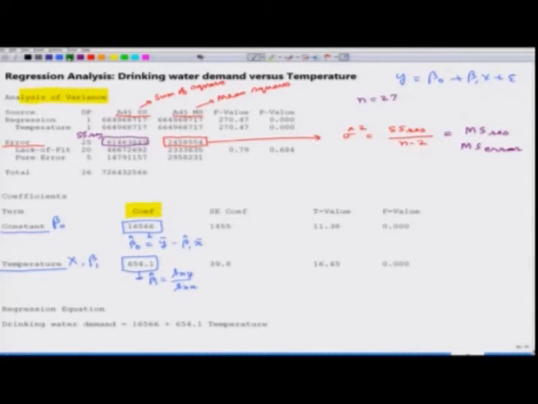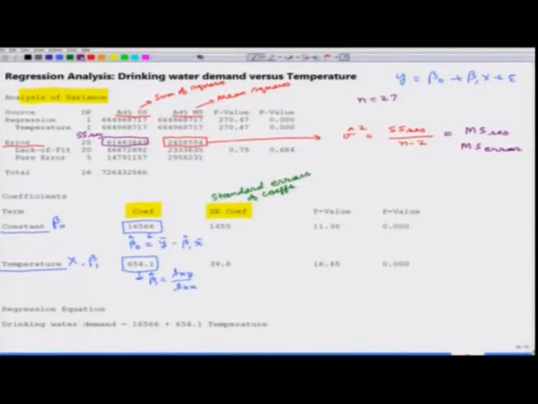Now we consider this column, SE Coef. SE means standard error, and this column gives the standard errors of the coefficients. The coefficients are beta 0 and beta 1, whose estimators are beta 0 hat and beta 1 hat.